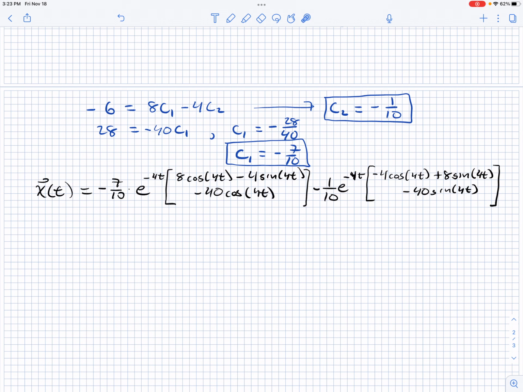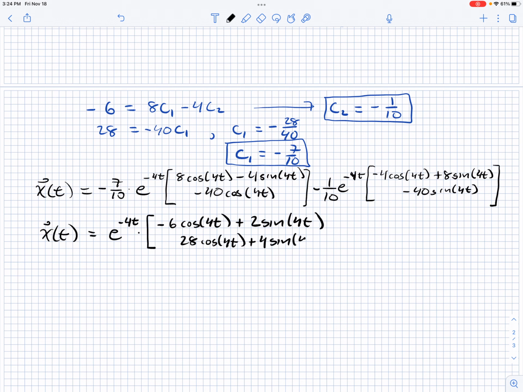When you simplify all this stuff out, what you end up with is e to the negative 4t times negative 6 cosine of 4t plus 2 sine of 4t, 28 cosine of 4t plus 4 sine of 4t.